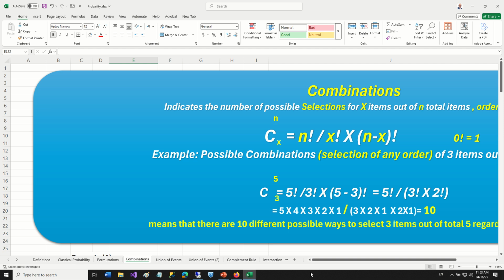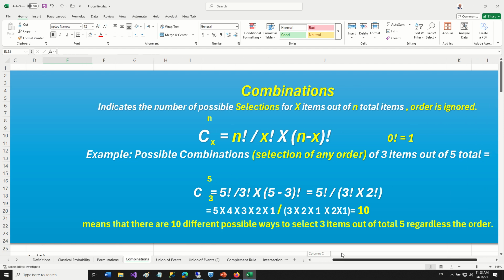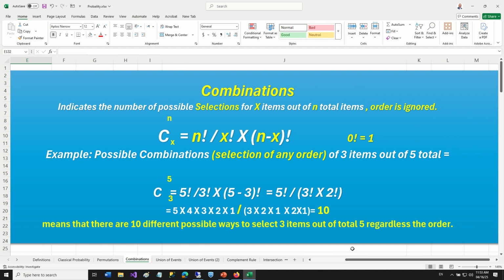What about combinations? Combinations are the same idea as permutations, but the difference is that in combinations we don't care about the arrangement or the order. It indicates the number of possible selections of X items out of N total items.